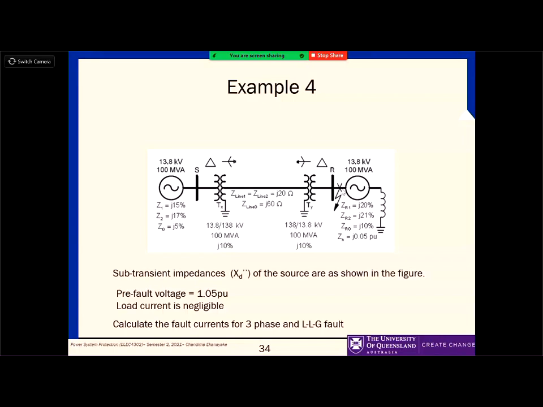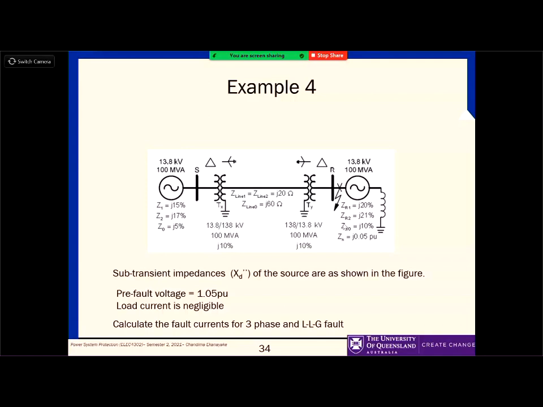But if the fault is here, there is no zero sequence current going from this delta to that. Right? If there is delta or Y without neutral, remember, it's not only delta. Y without neutral, you can't have zero sequence. Always a ground connection should be there.